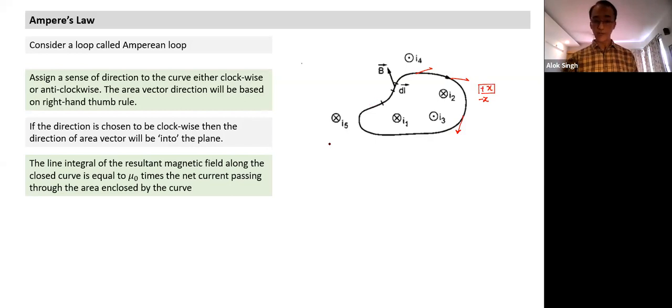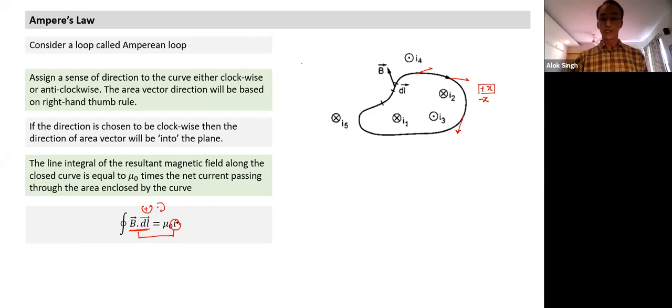So the left hand side of the equation can become positive or negative. If it is positive in the anti-clockwise direction, it may turn negative in the clockwise direction. If this term changes, the right side also should change. So depending on which direction we traverse, the sign convention of current should also change, to make sure these two are consistent.